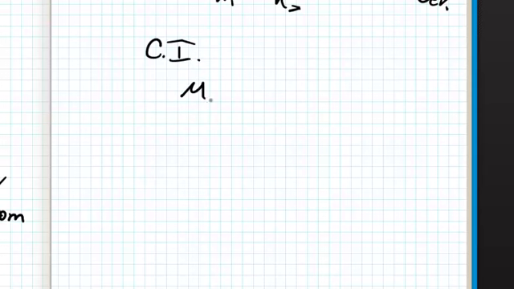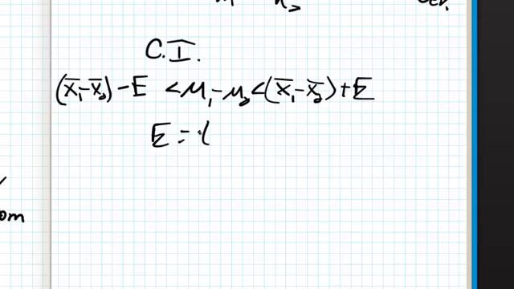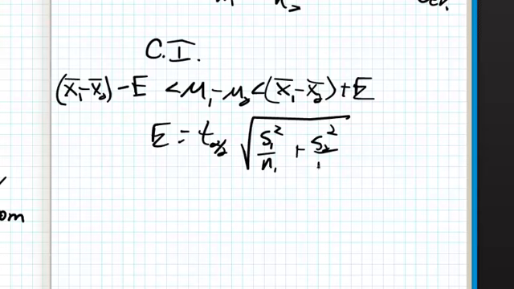You know that mu1 minus mu2 is going to live between two values: x1 bar minus x2 bar minus the error, and x1 bar minus x2 bar plus the error. Your error term is just equal to your t sub alpha halves, which we got lots of practice with, times the square root of s1 squared over n1 plus s2 squared over n2. That's our error. It works just the same.